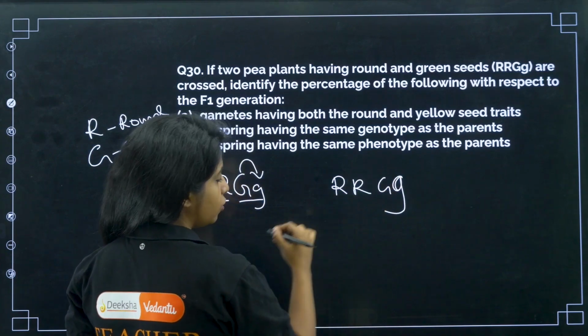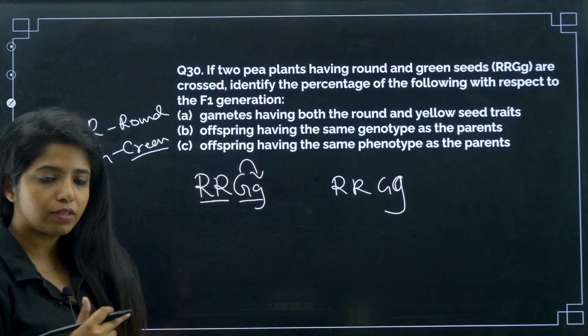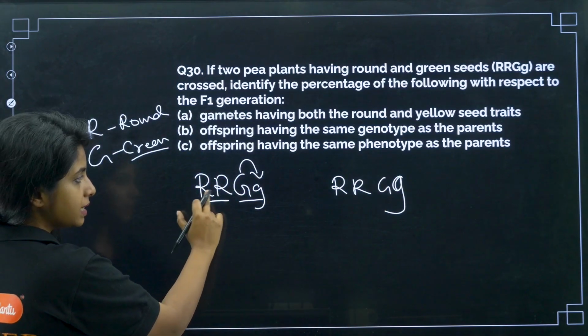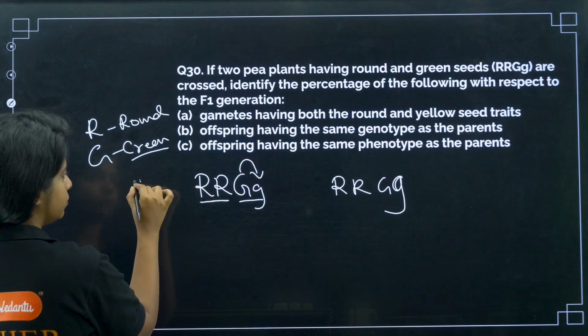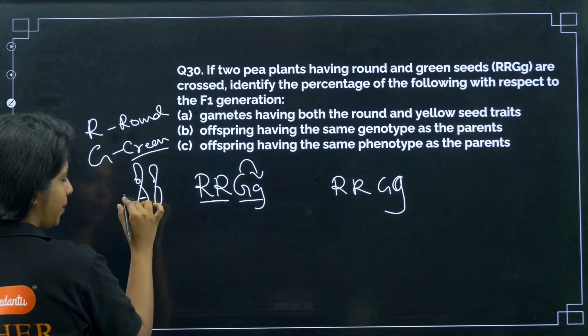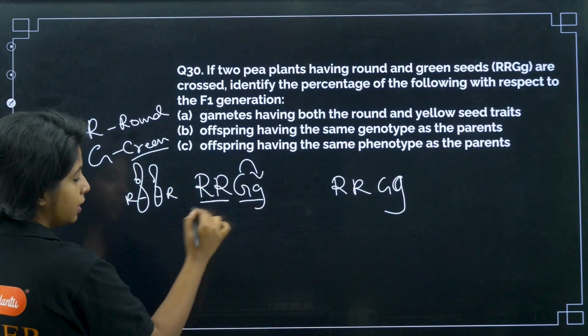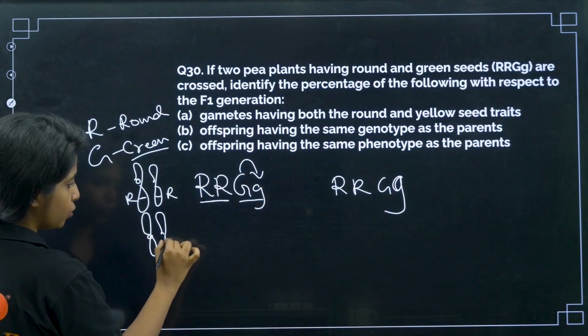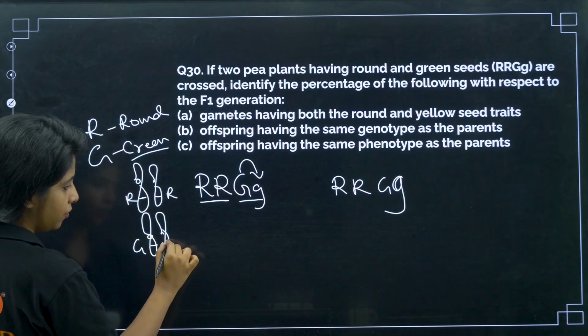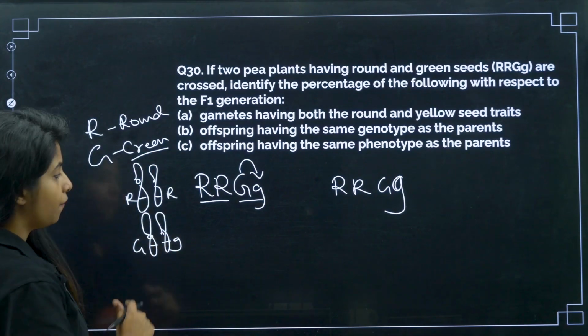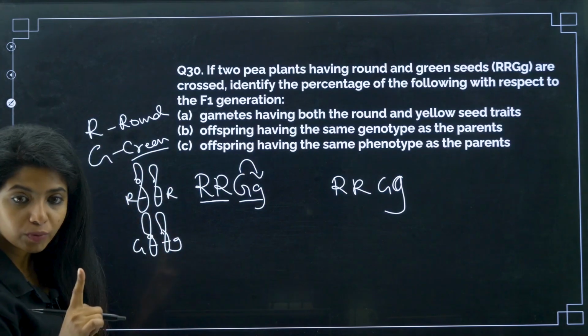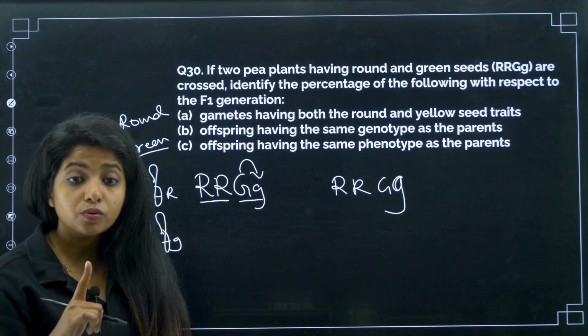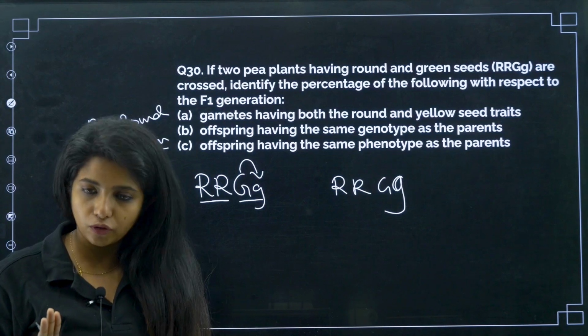Now I always tell you, my dear children, how to make gametes. So this is a pair of chromosomes. Capital R over here, capital R over here. This is found on another pair of chromosomes, probably same, but anyways, we will take it in a different way. From this pair, one chromosome can go into a gamete. Because in the gamete you have only half the number of chromosomes.